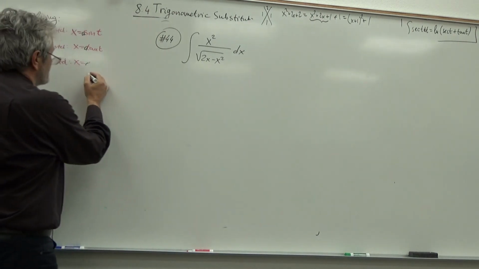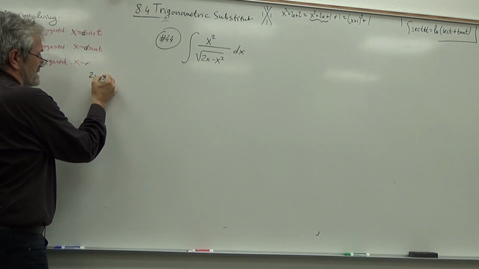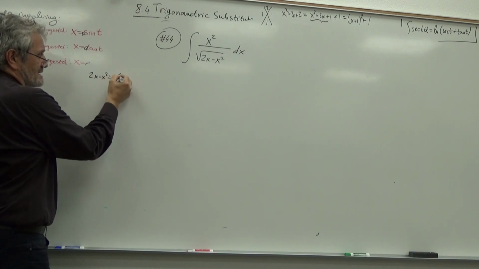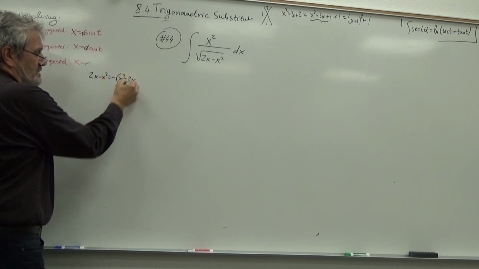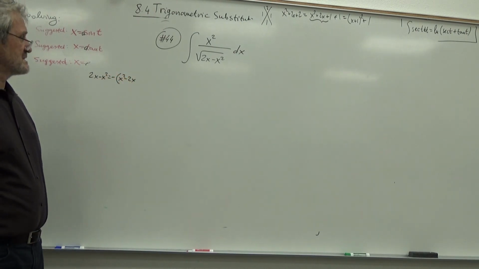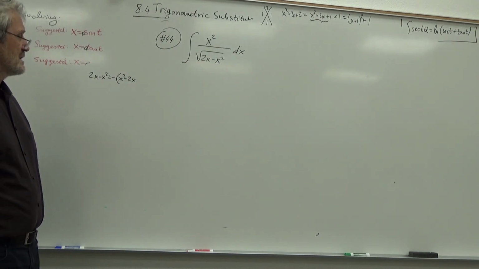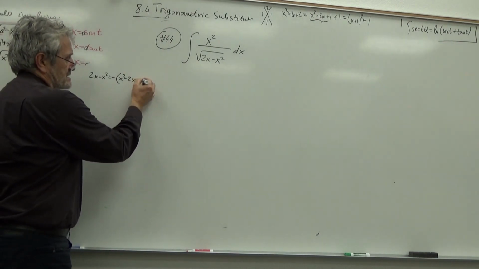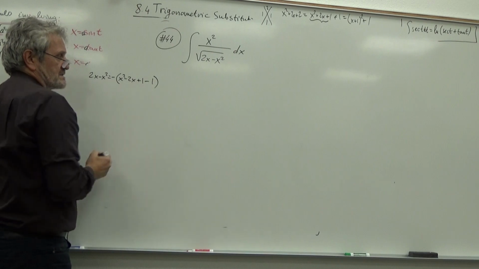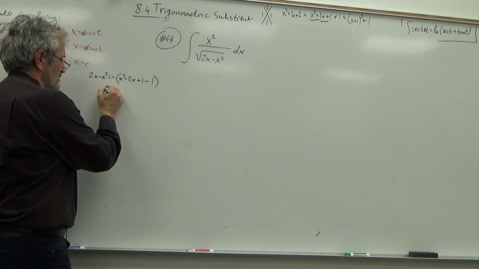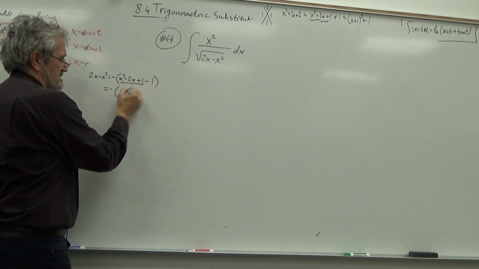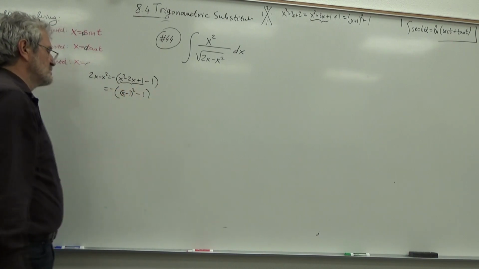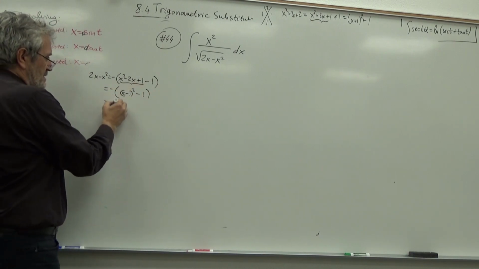I hope not a big deal for you. 2x minus x squared, you pull out minus to get x squared minus 2x. X squared always needs to have 1 in front of it. And then we add and subtract, within parentheses, 1, which is a legal move. Then this is the square of a binomial, x minus 1 squared minus 1. And now I distribute back my minus.